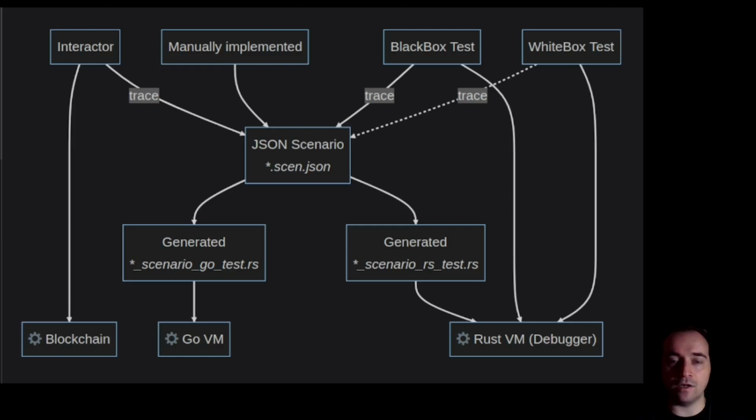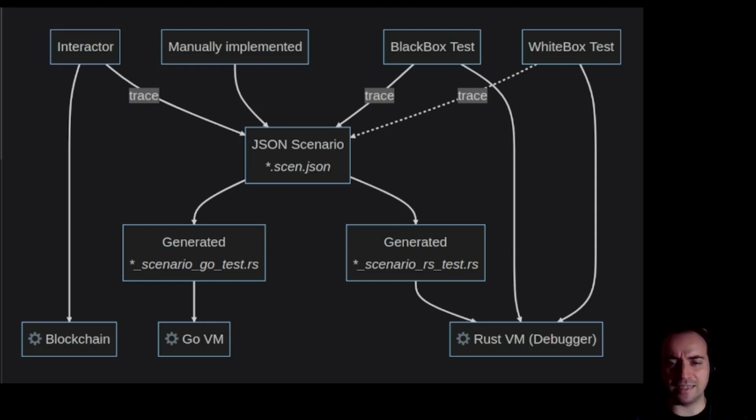And then we took these JSON scenarios and we made the Rust tests out of them. The Go tests then we sent to the Go VM, to the testing tool that's part of the VM to run, and then the Rust tests we sent to the Rust VM debugger.